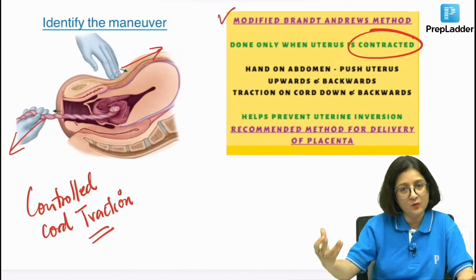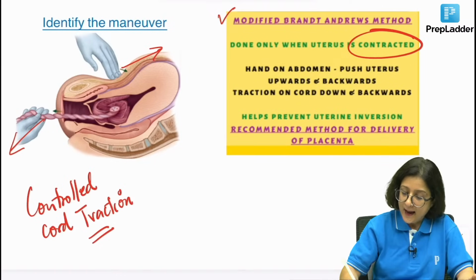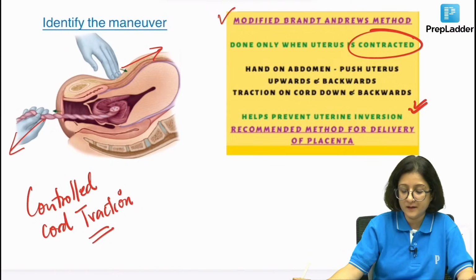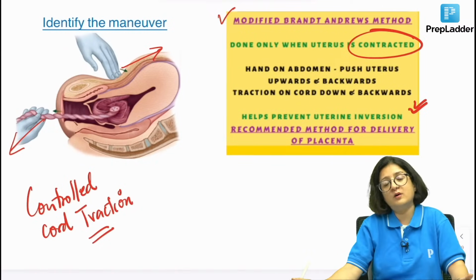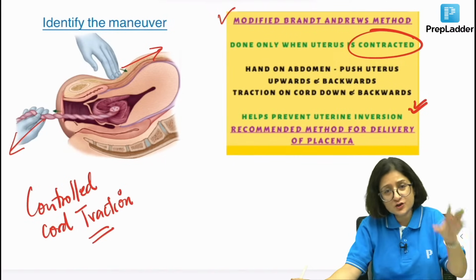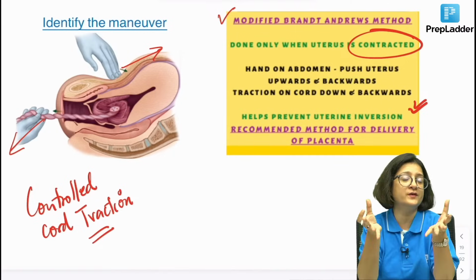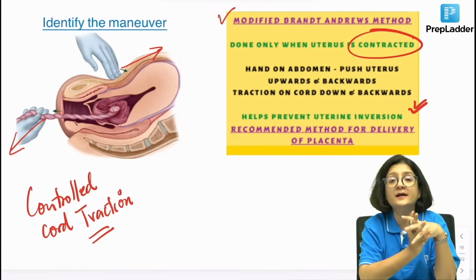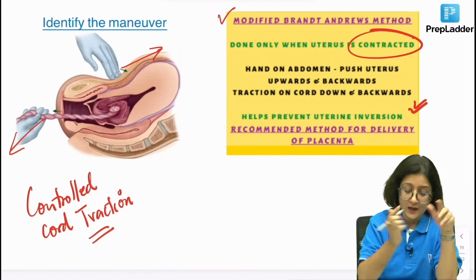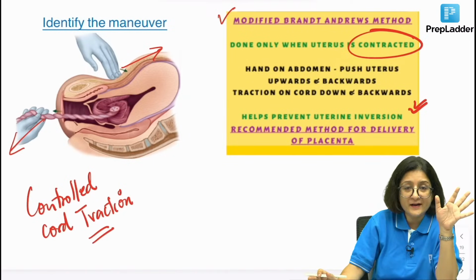Trained people who are trained in performing deliveries. The reason that it is also important to perform this maneuver only during uterine contractions is because we don't want to pull at the cord when the uterus is relaxed. Otherwise, it can result in uterine inversion. So how does this maneuver help in preventing uterine inversion?